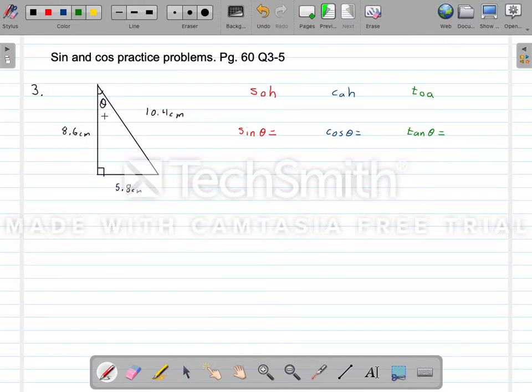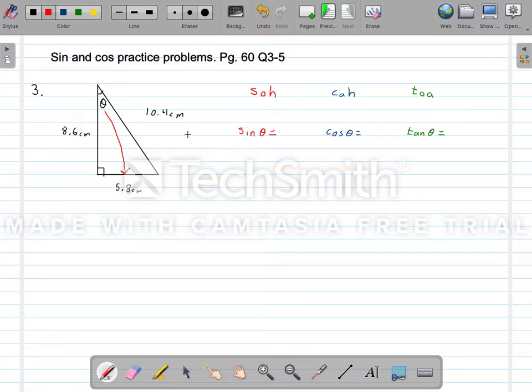So the first thing I would do when approaching this is make sure I have clearly in my mind which side is opposite and which side is adjacent. This is my angle theta. The side opposite this angle is right here.